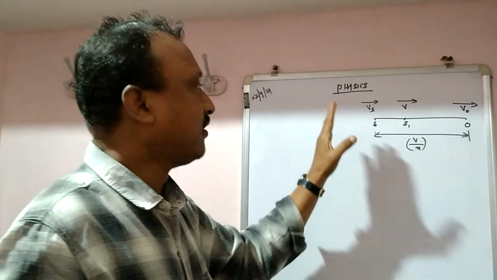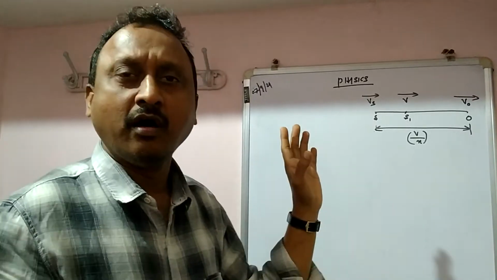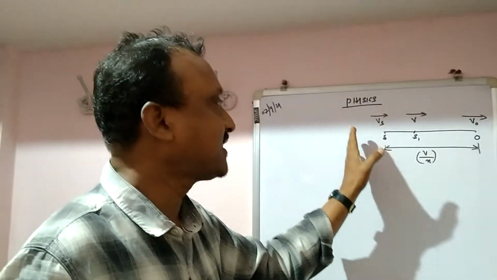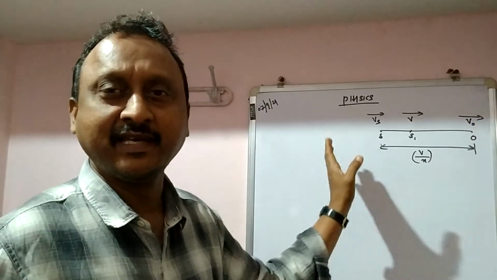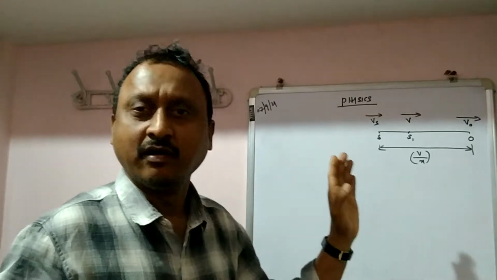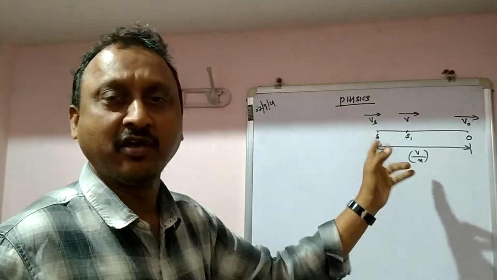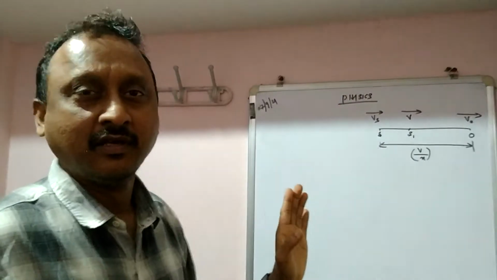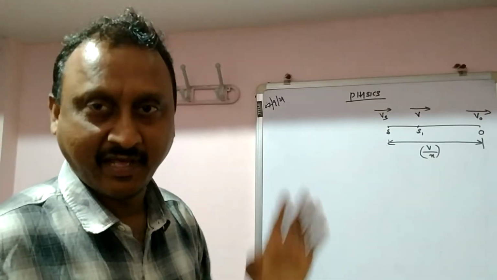First of all, all of them are traveling in the same direction, that is Vs, V and V0. So all of them are traveling in the same direction.